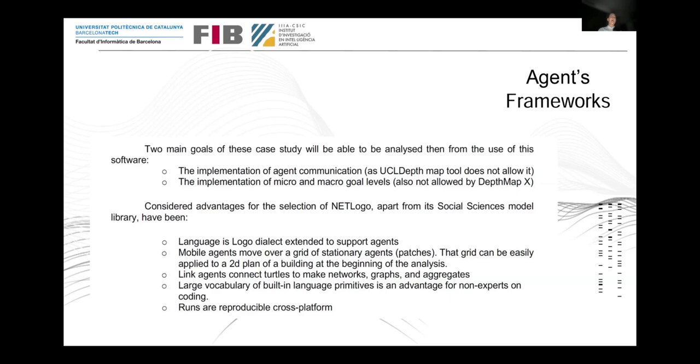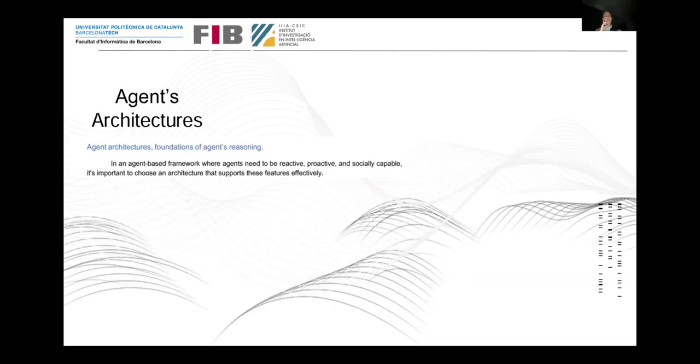Also NetLogo was considered because it's a very user-friendly platform that is in fact used in several fields, not merely in computer science. And so the next decision making was regarding agent architectures, because agent architectures were going to be the basis of the implementation of our agents' reasoning.